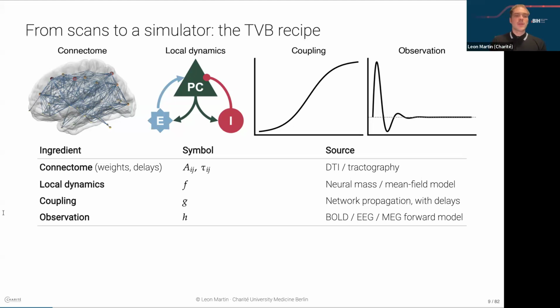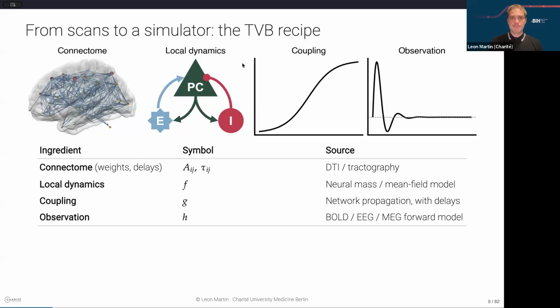Then we have the local dynamics, which is just a function over time, which usually is set up as neural mass or mean field models. And we have coupling, which is also a function of the input and summed over the matrix of the nodes. And this is the network propagation, and it also includes the delay.